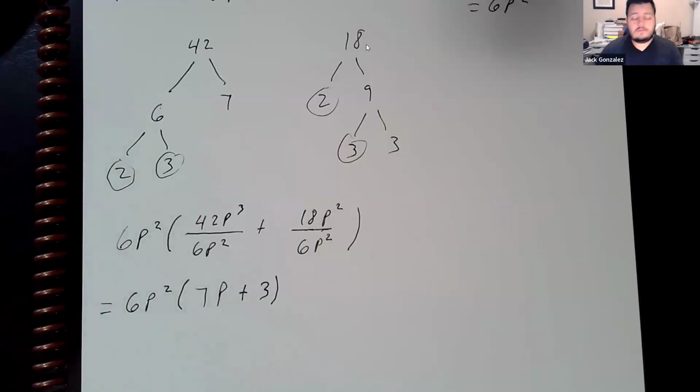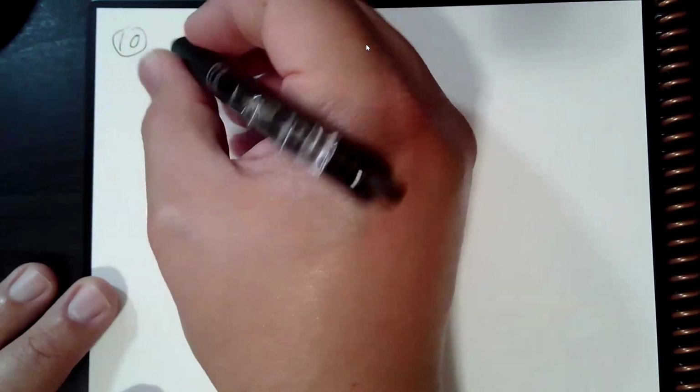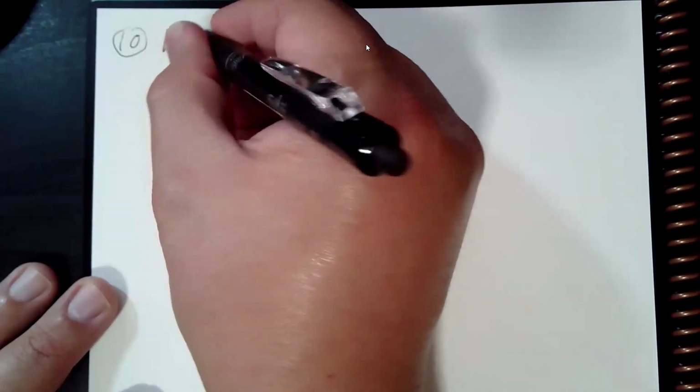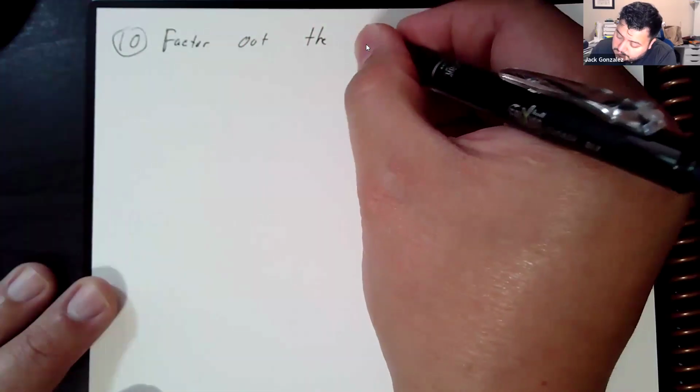And it looks hard. Let me do that one for you. Factor out the GCF.